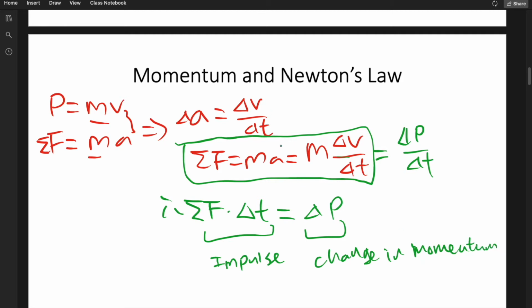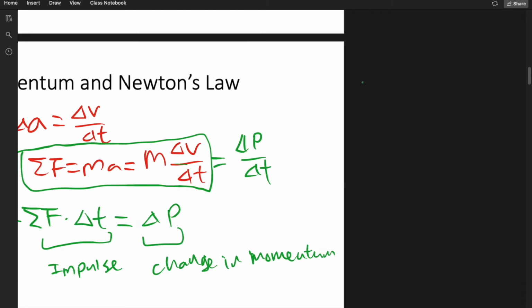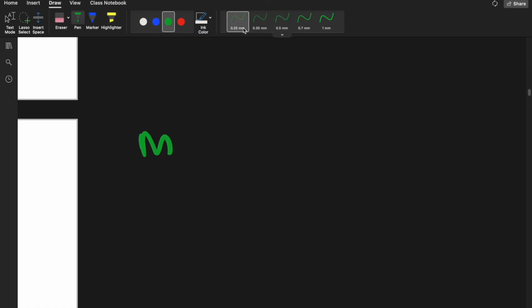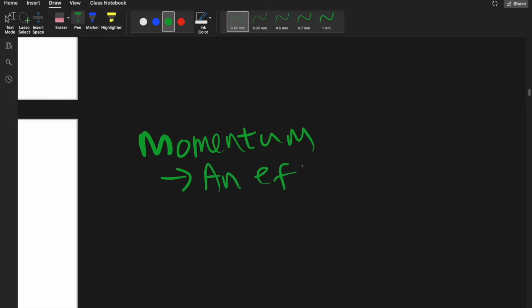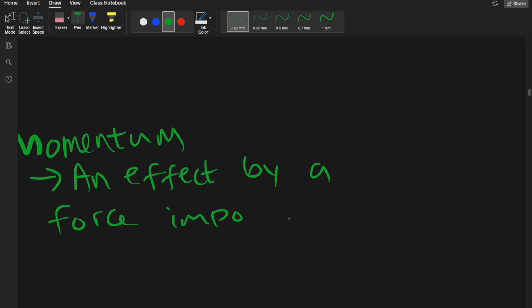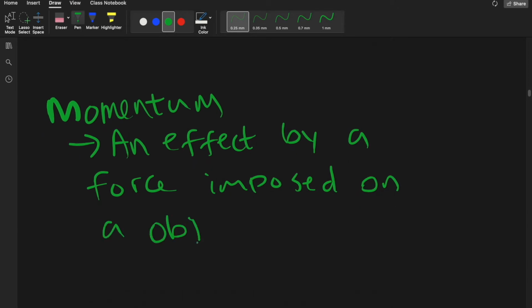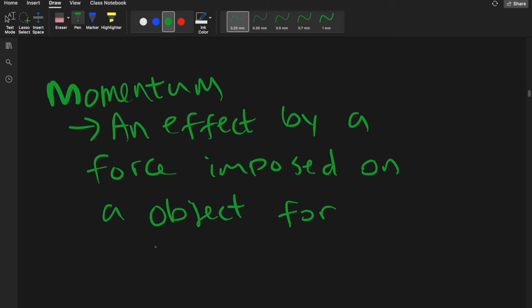So let me write this down. Another way to understand momentum is that you can see it as the effect of a force imposed on an object for a certain period of time.